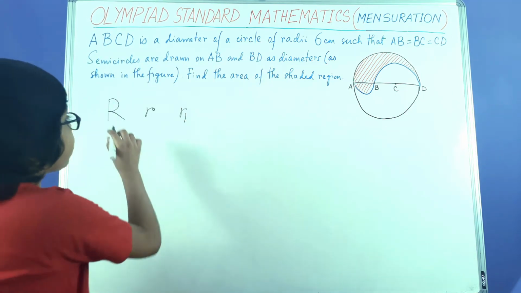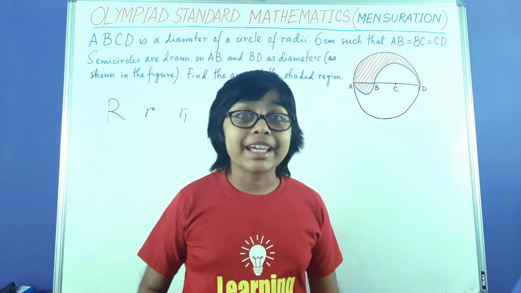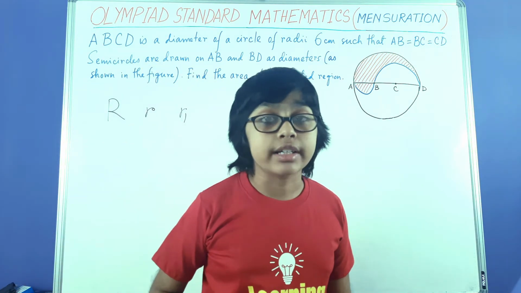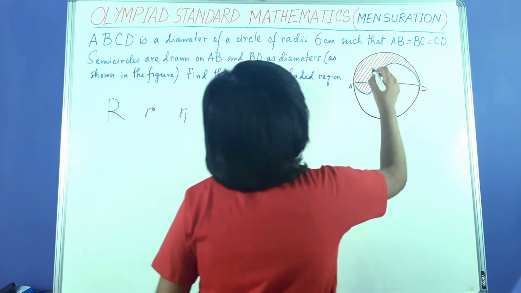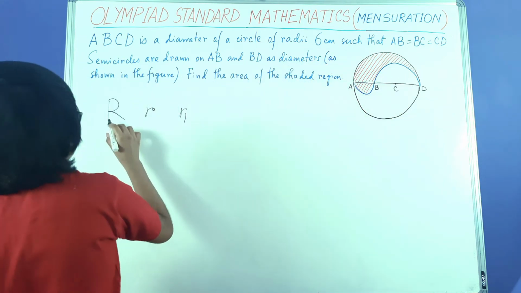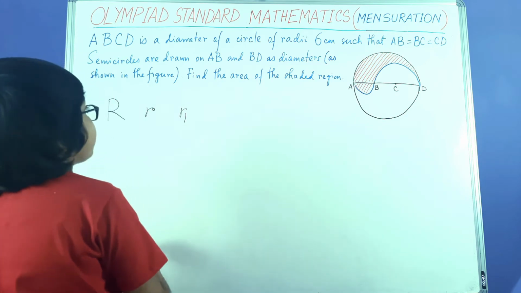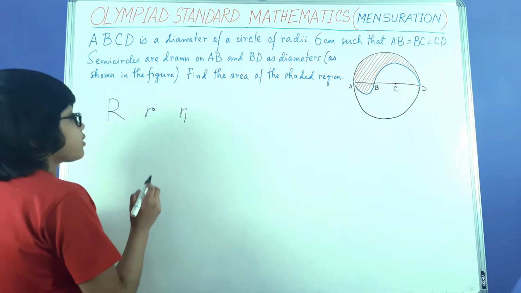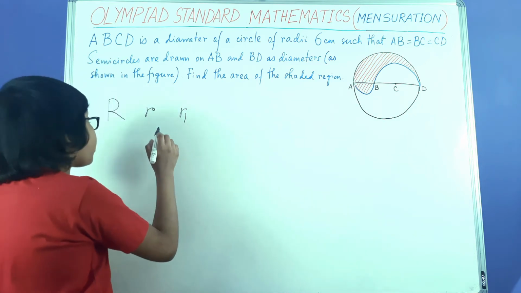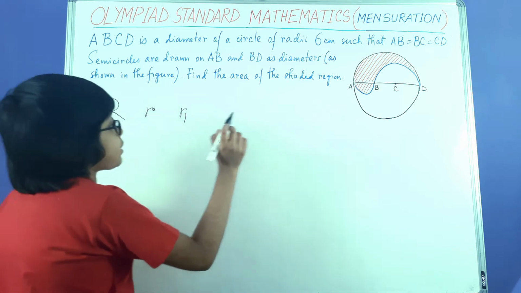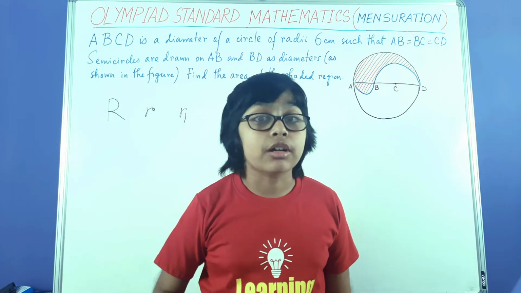Now, according to these variables, the area is: area of the semicircle with radius capital R, minus the area of the semicircle with radius small r, plus the area of the semicircle with radius R1.